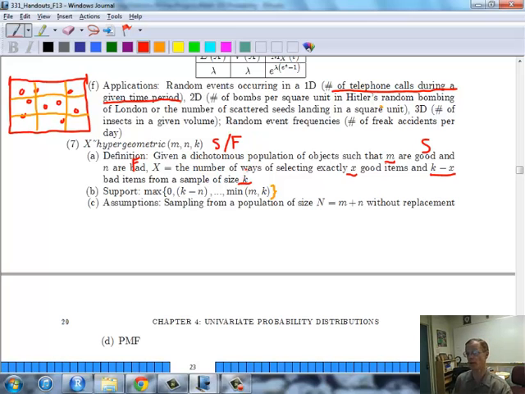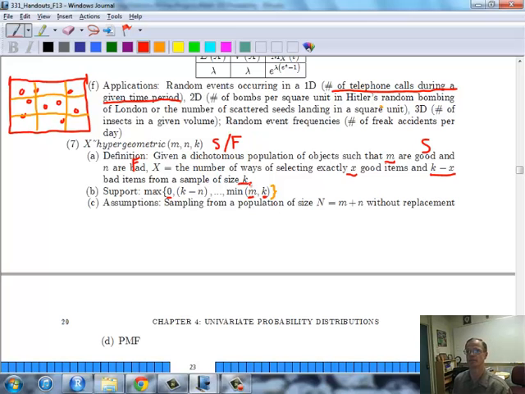So the support: X is the number of ways to get the good ones. It could be 0, could be 1, all the way up to K, the sample size, if you got all good ones, unless there were fewer good ones than you actually sampled, in which case you would be bounded by M. So the support is 0 to the minimum of M and K. Great.